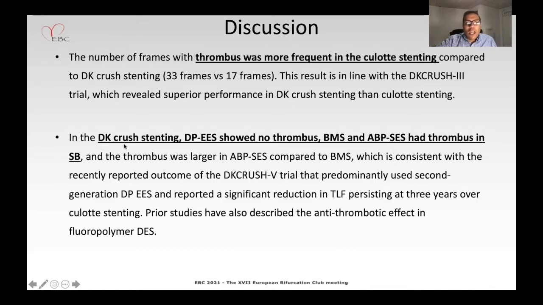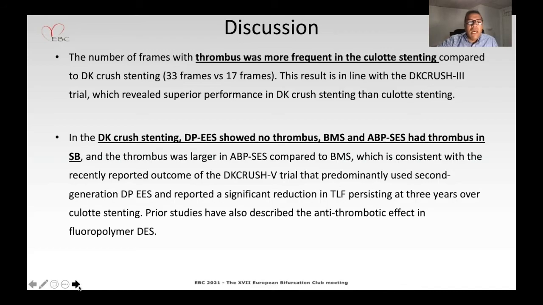In the DK crush stenting, the durable polymers show no thrombus, and the bare metal and the abluminal sirolimus stent had some thrombus, mostly in the side branch of the model. This might also be consistent with the findings in the DK crush trial, where our durable polymer everolimus stent showed significant reduction in TLF at 3 years.